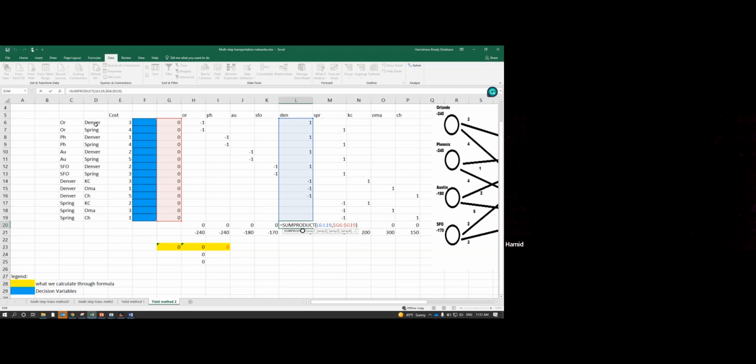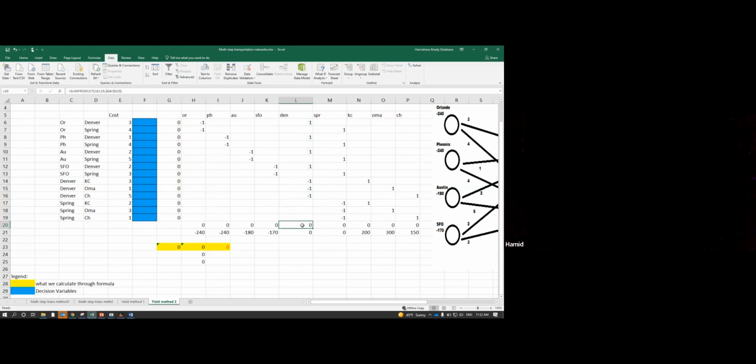Whatever comes from Denver, Phoenix, Austin, and San Francisco has a coefficient of 1 because they are inward. And for Oklahoma City, Omaha, and Chicago, the value is -1 because it is outward flow.